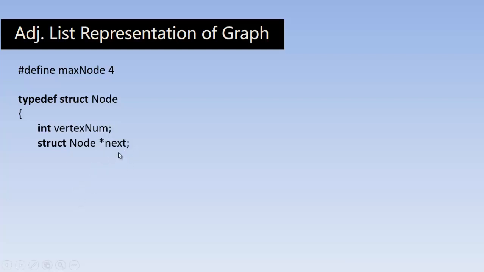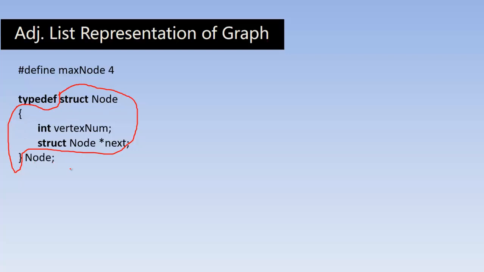So to store the address of the next node, which is also of type struct node, this has to be also of the type struct node, and I'm going to rename this entire structure as node. That is why I used typedef. So typedef of this thing is node. Now this entire thing is renamed as node.